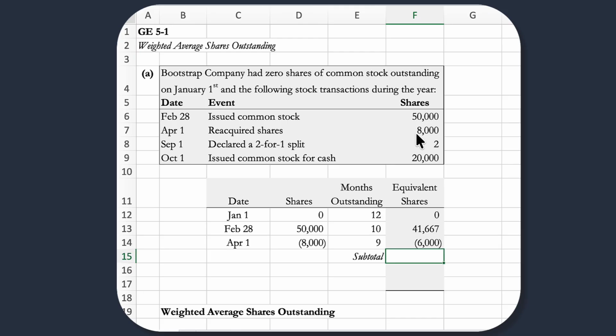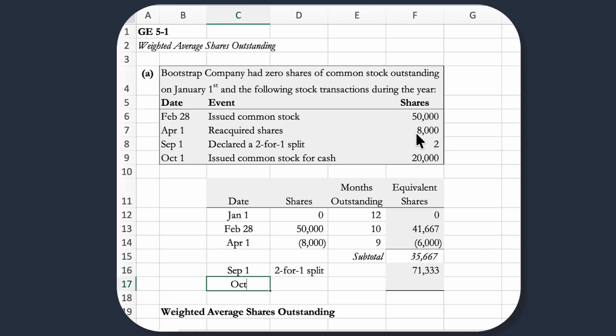We're basically assuming that all of the shares that were outstanding at the beginning of the year, on February 28th, and the ones that were repurchased on April 1st were also effectively split, right? So all I'm going to do is subtotal the number of shares that I've got outstanding here, and then on September 1st, apply my 2-for-1 split. So I can just multiply this by 2.